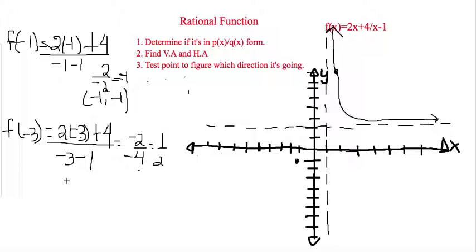So our coordinate would be -3, comma 1/2. So here's -3, and 1/2. Here's 1, so it'd be right there.